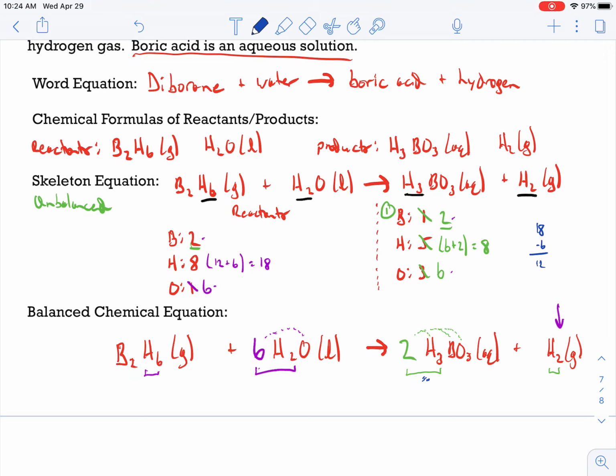Each molecule of hydrogen contains 2 atoms of hydrogen, so we're going to need a coefficient of 6 here to give us our 6 times 2, or 12. So think about all the hydrogen we have from hydrogen gas: 6 times 2, or 12. If we look back to our boric acid, 2 times 3 hydrogens gives us 6. So this gives us the 18 we want.